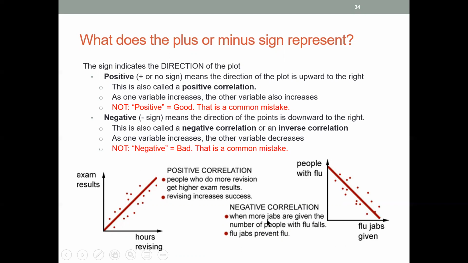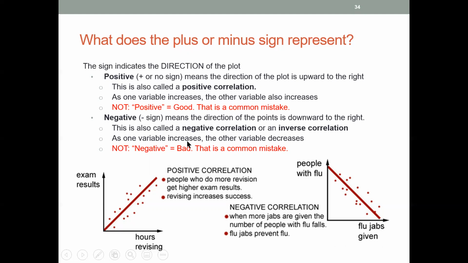And I'll point out one last thing on here in a moment. So the number of flu jabs given, flu shots we might say, corresponds inversely with people who get the flu. So the more flu jabs, the lower the flu. The fewer flu jabs, the higher the flu.